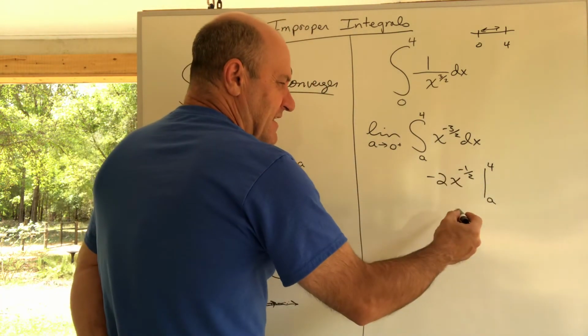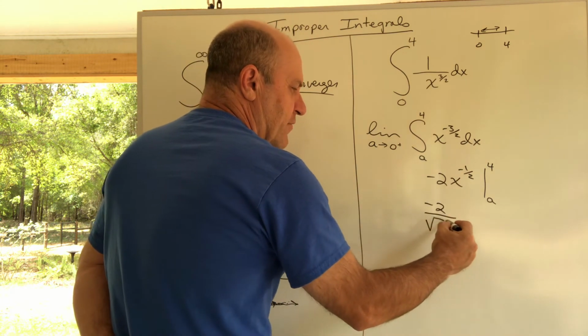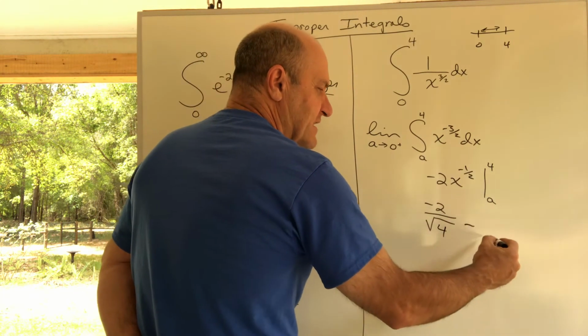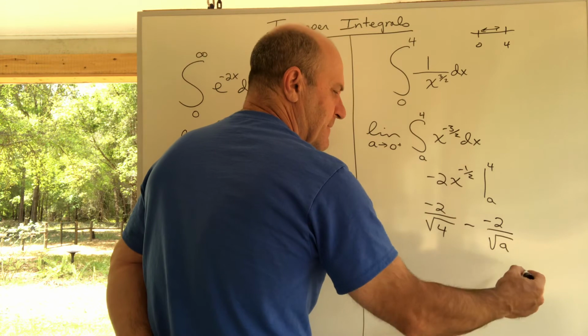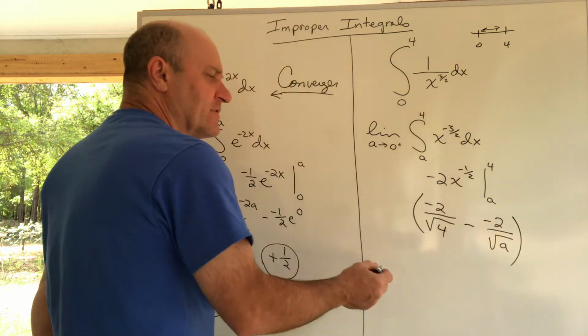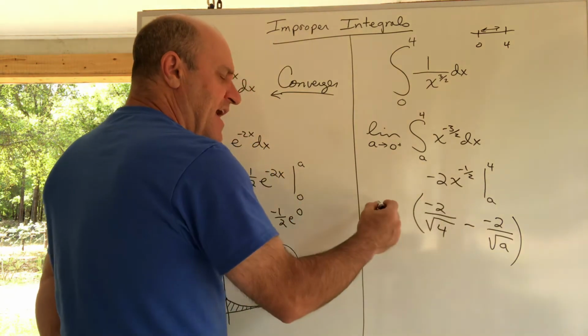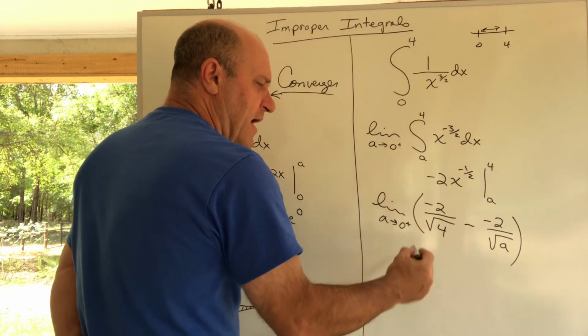That's actually -2 over the square root of 4 minus -2 over the square root of a. Interesting. That's the answer. I integrate. I evaluate. And now I take the limit as a goes to 0 from the right.